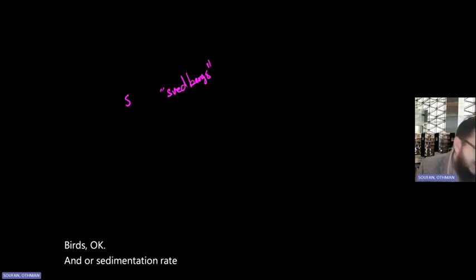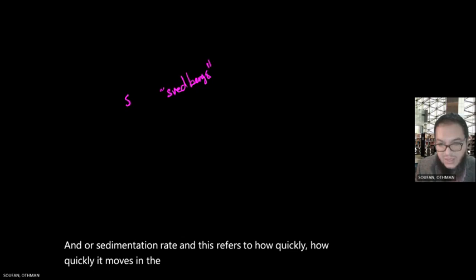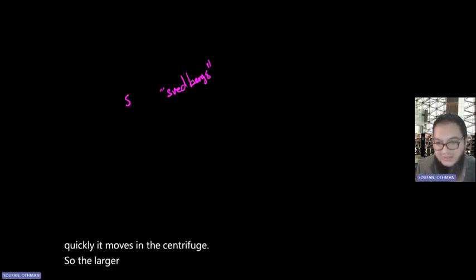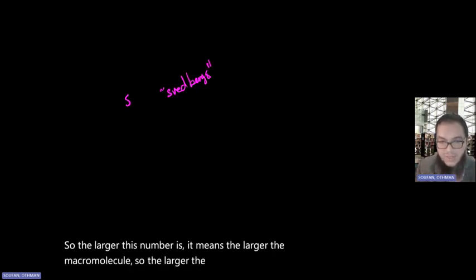And this refers to how quickly it moves in the centrifuge. So the larger this number is, the larger the macromolecule, okay?